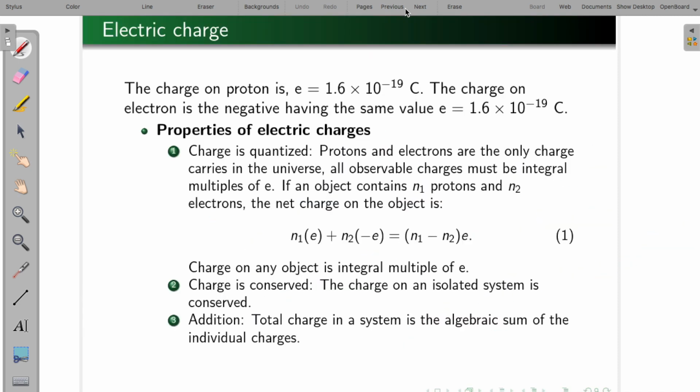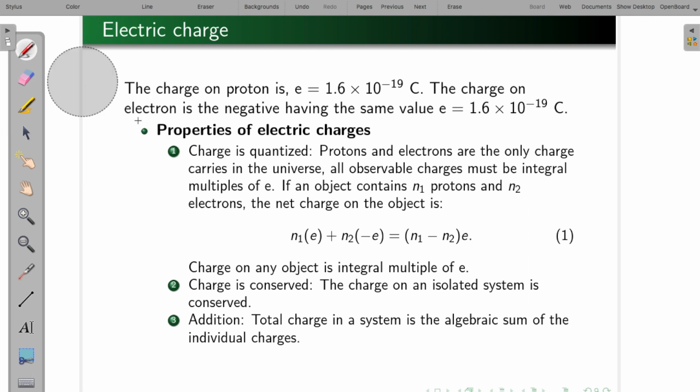The next important point mentioned here is the charge on a proton. We were discussing that the charge of a proton and the charge of an electron are the same in magnitude.